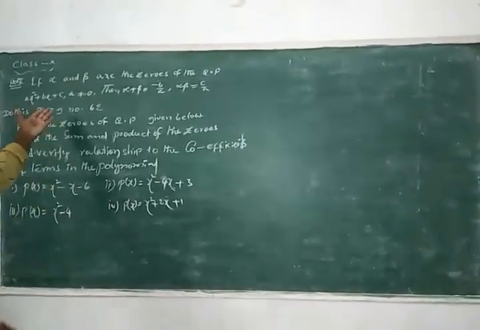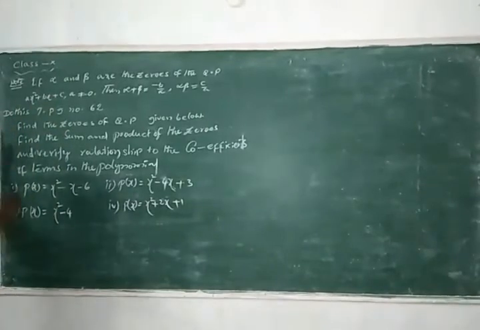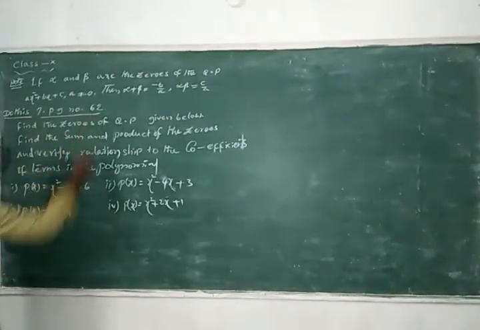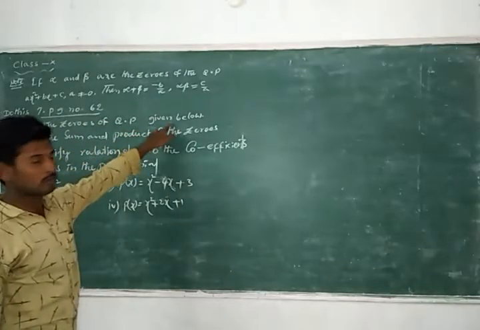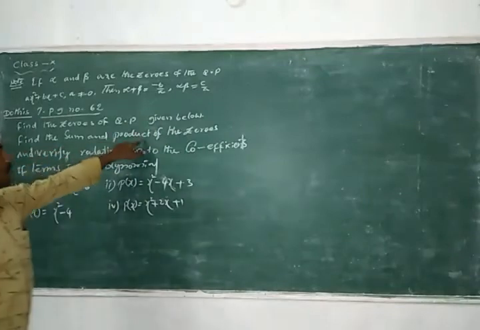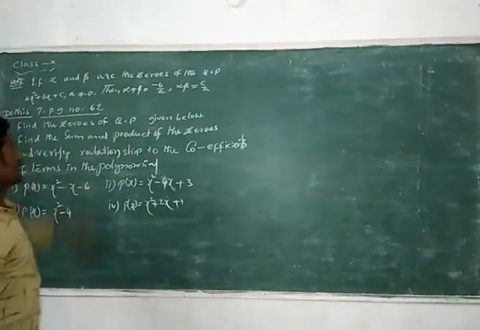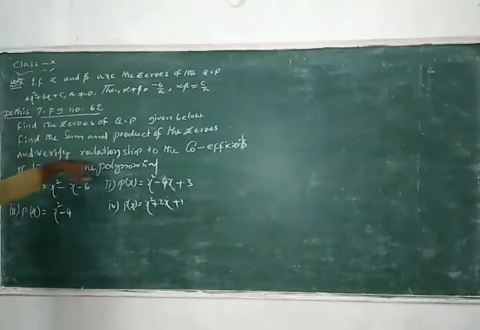So by using the previous note, we can solve the textbook page number 60. What is the question? Find the zeros of the quadratic polynomial given below, and find the sum and the product of the zeros, and verify the relationship to the coefficients of terms in the polynomial.